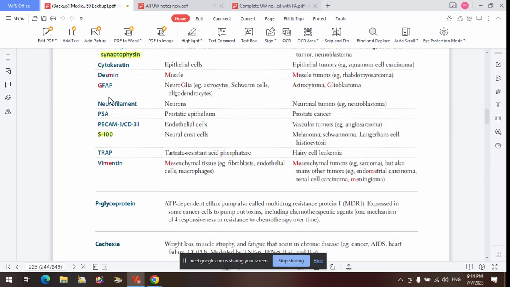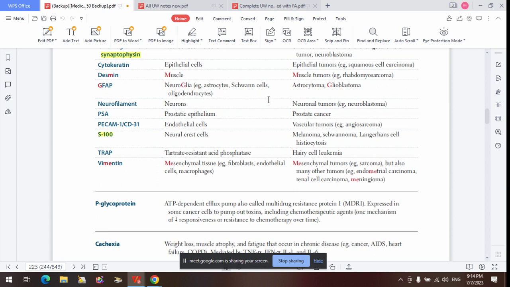There's another one we call glial fibrillary acidic protein. Glial fibrillary acidic protein is a very specific marker for astrocytes. Yes, very important, my people, don't forget. Glial fibrillary acidic protein typically stains the glial cells of the nervous system. The glial cells include the astrocyte and the Schwann cells, but most importantly, it is the astrocytes.